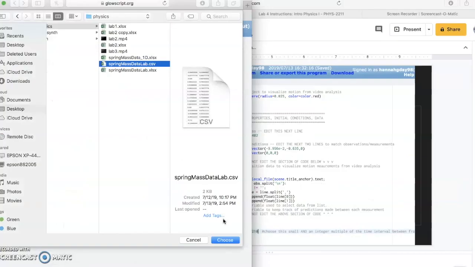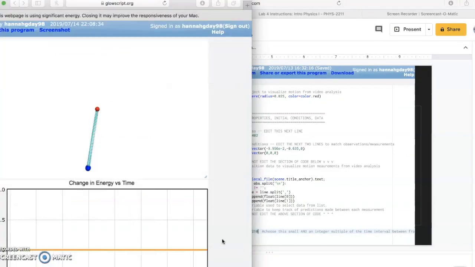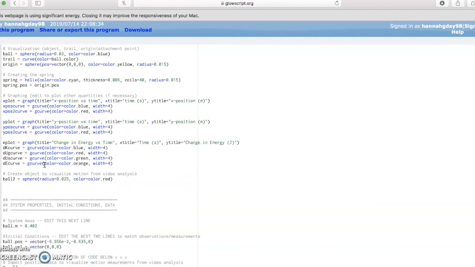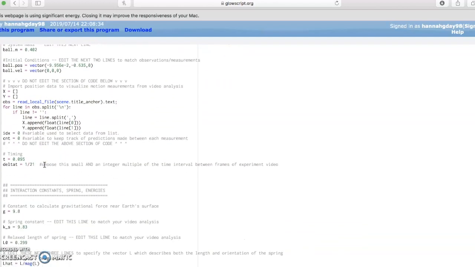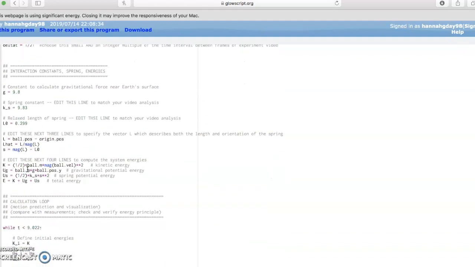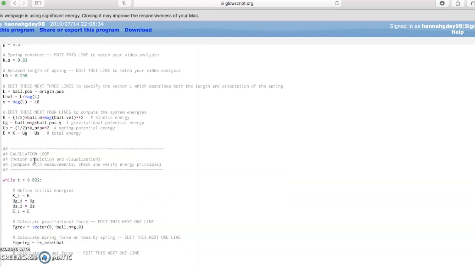When the code is run, it looks as follows, where you have the spring moving and you have a few graphs below. And the initial data is plotted in the beginning from what I calculated based off of the Tracker data: the spring constant, the relaxed length, the equations for the relaxed length of the spring, and then all those equations for the components of the energy principle.